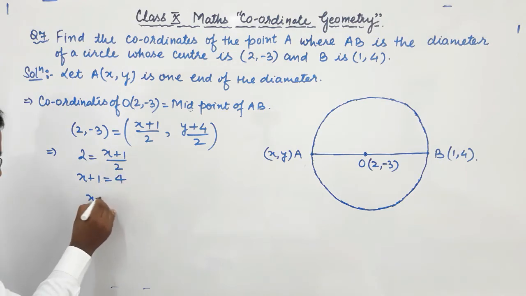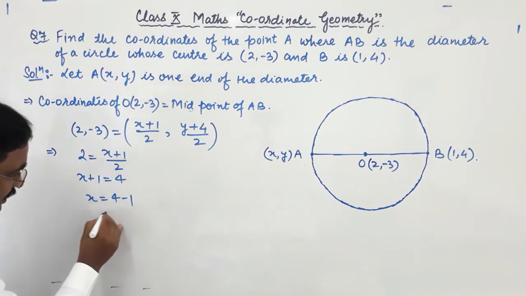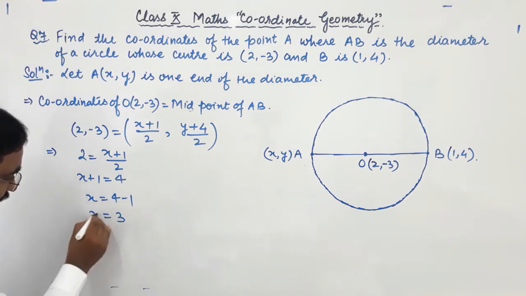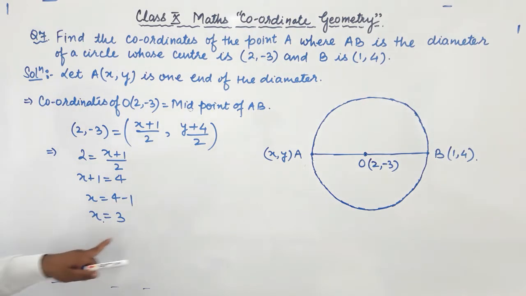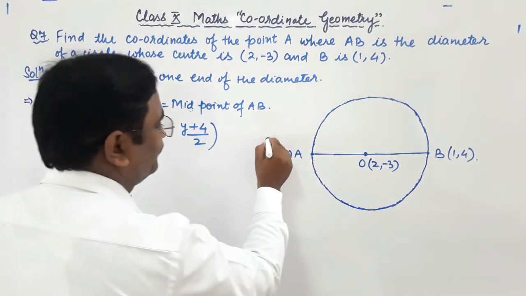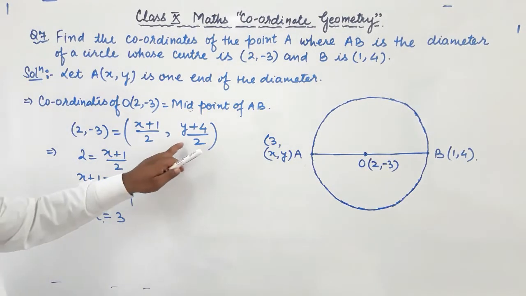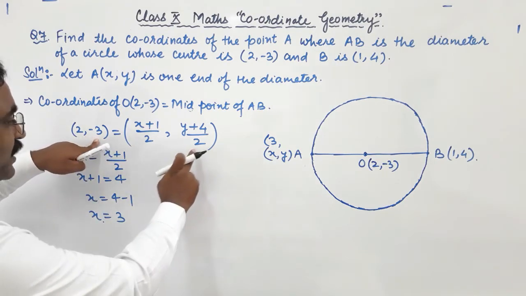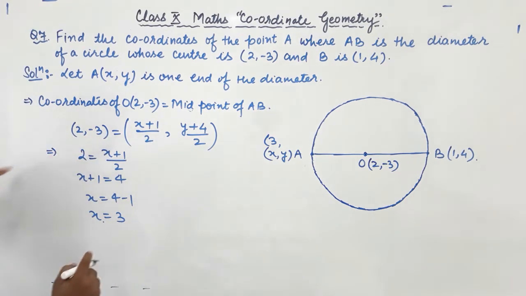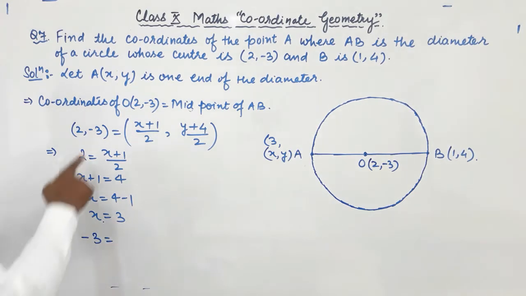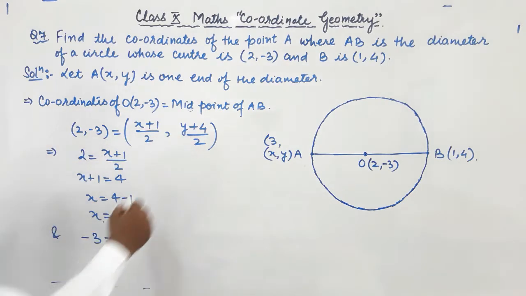So, therefore, x equals 4 minus 1, which is 3. The value of x came, this is 3. Now, to find the value of y, this y coordinate equals this y coordinate. So minus 3 equals y plus 4 upon 2.